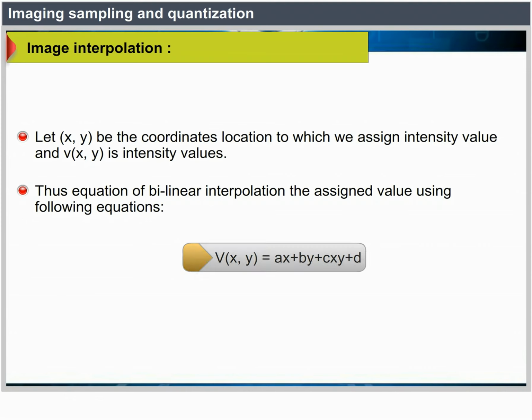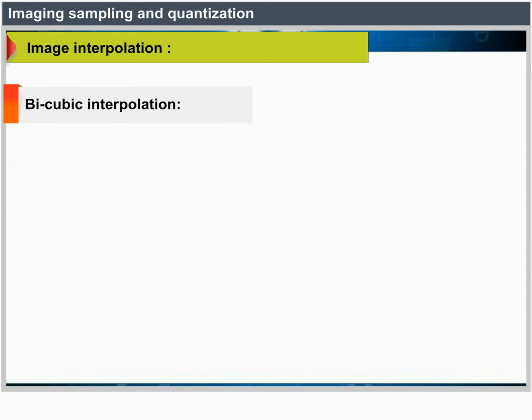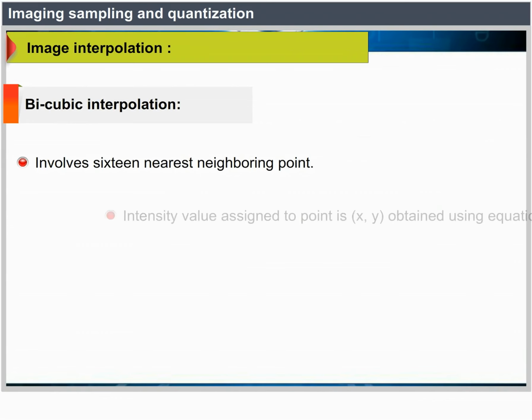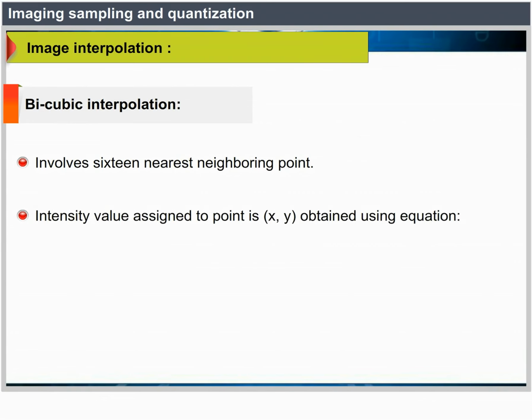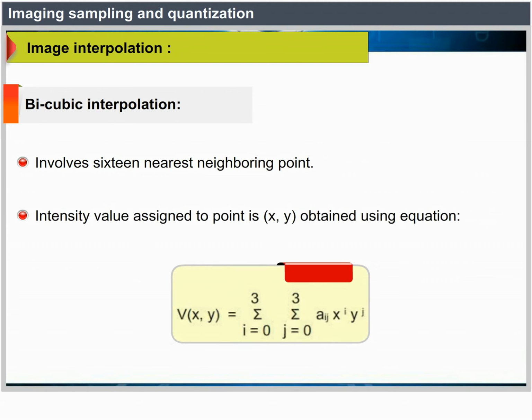Bicubic interpolation involves the 16 nearest neighbors of the point. The intensity value assigned to point (x, y) is obtained using the equation v(x, y) equals the sum for i equals 0 to 3, sum for j equals 0 to 3, of a_ij x raised to the power i, y raised to the power of j.